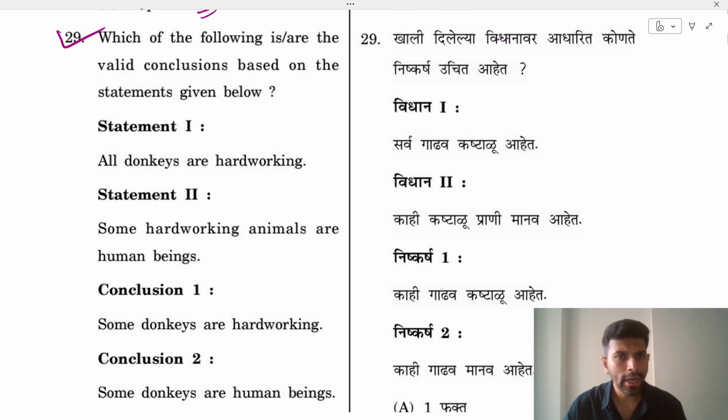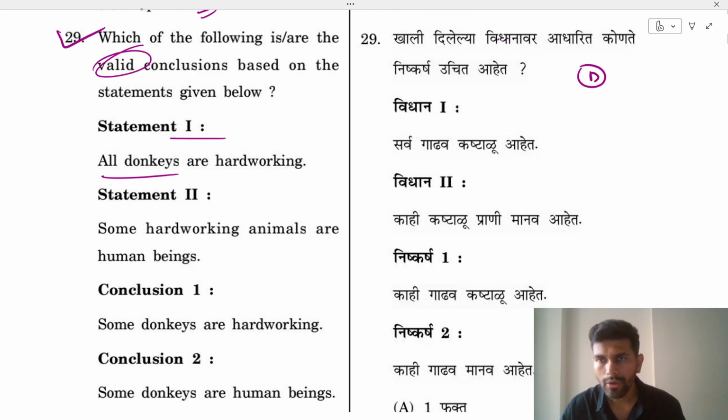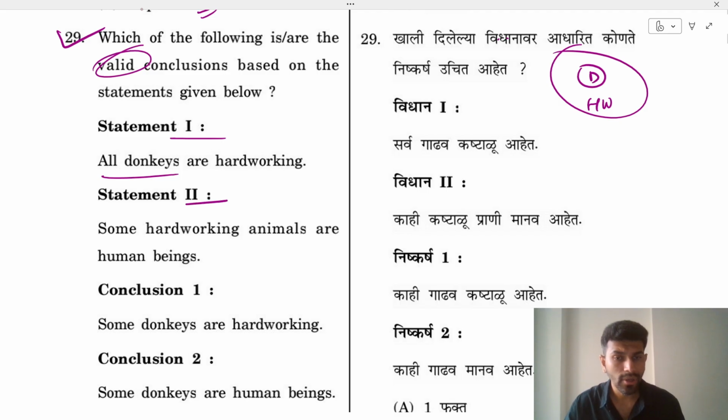Next, which of the following are the valid conclusion based on the statement given below? Statement 1, all donkeys are hardworking. Statement 2, some hardworking animals are human beings. ये भी हो सकता है या फिर ये भी हो सकता है.